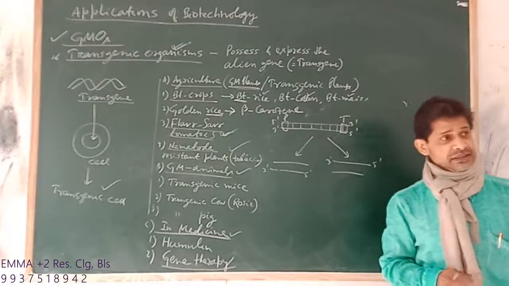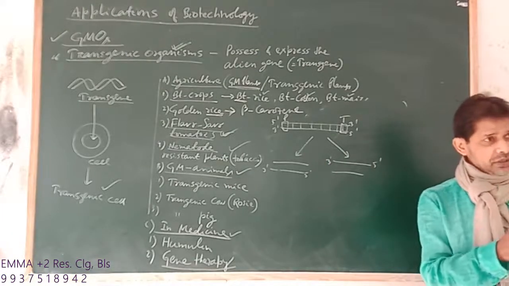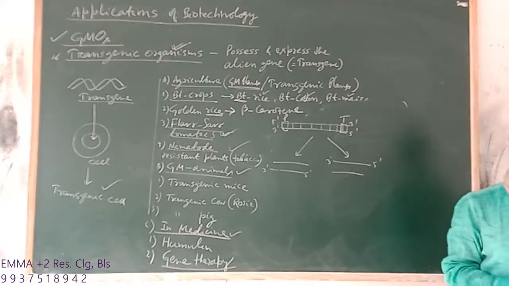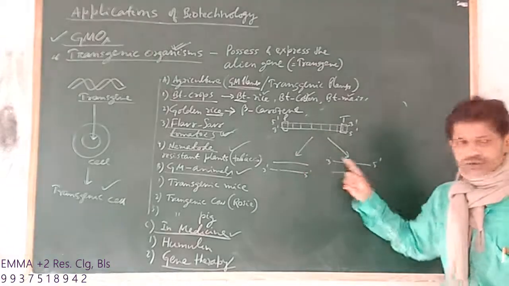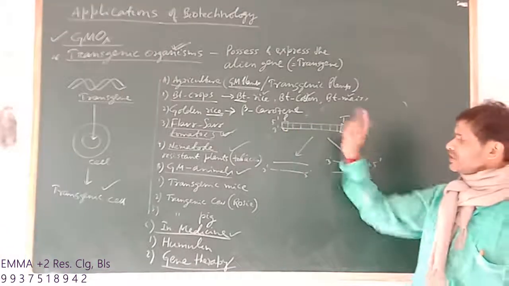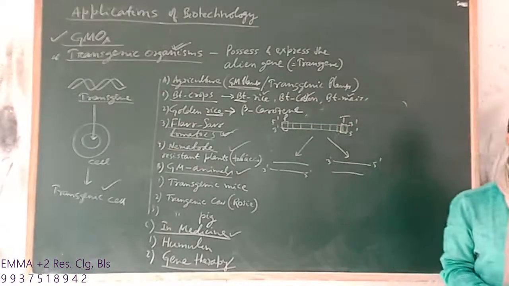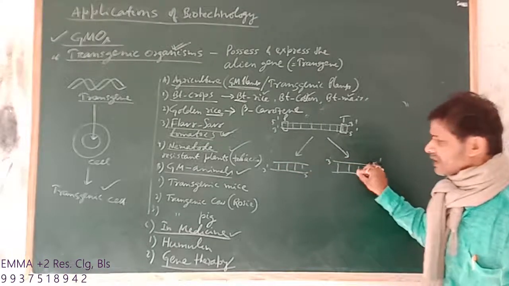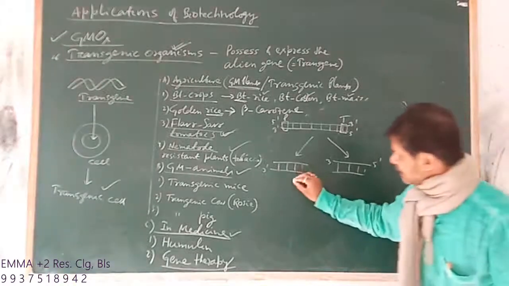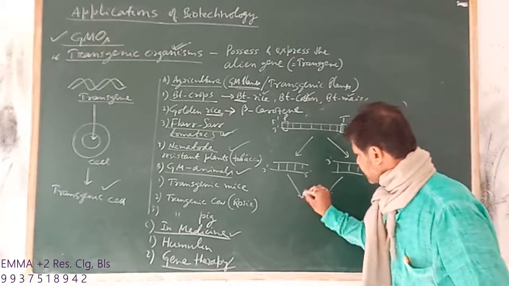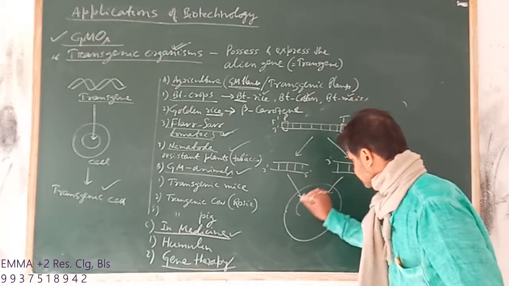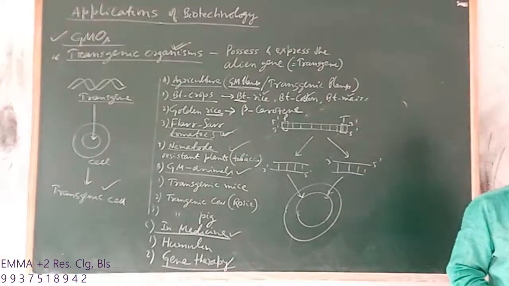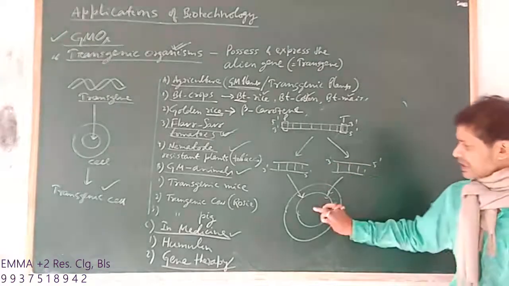So scientists genetically engineered the harmful gene of the nematode so that they create two genes just by switching the position of promoter and terminator. And interestingly, these are nothing but transgenes, and they introduce these genes into the plant cell. Suppose this is a tobacco plant. Both the genes have entered.